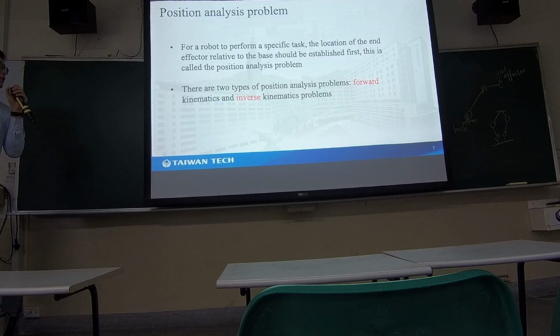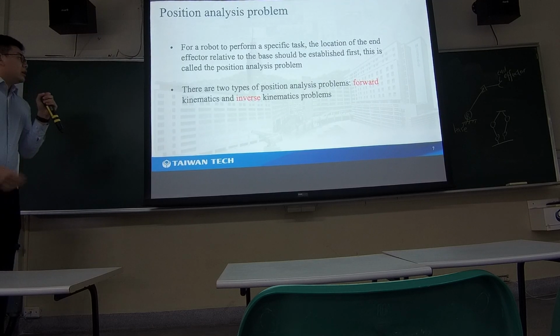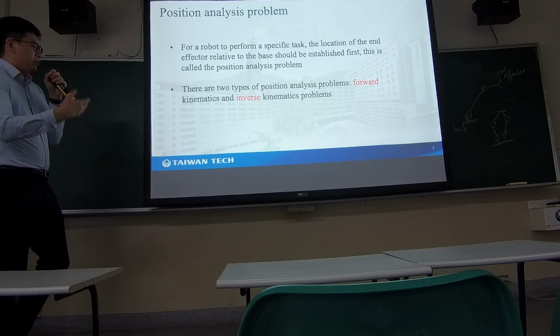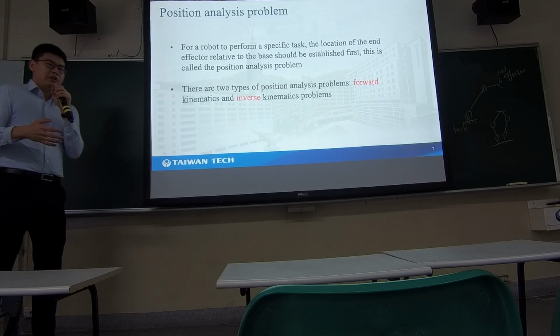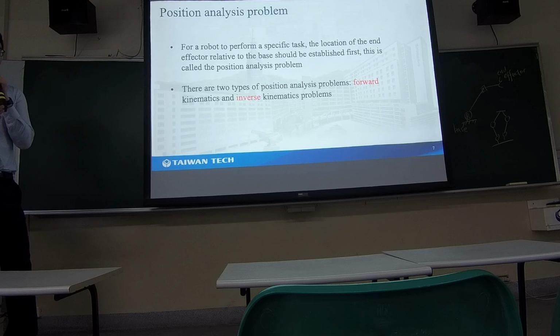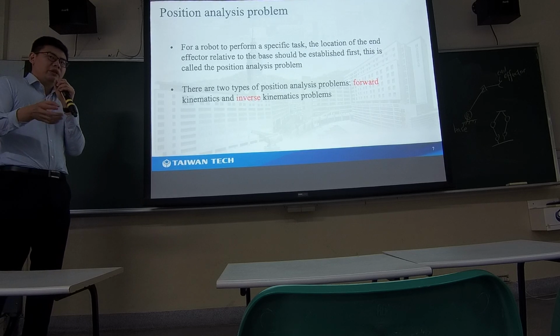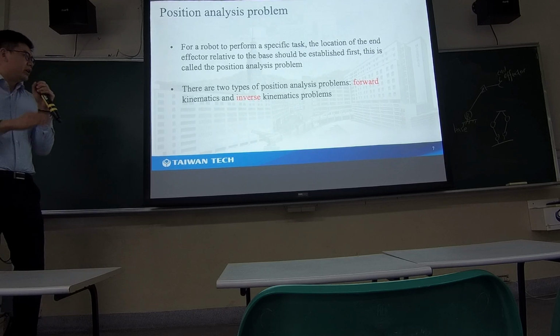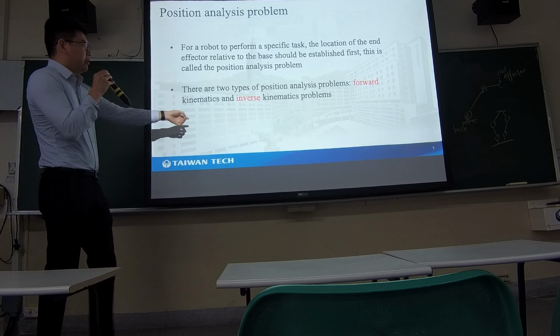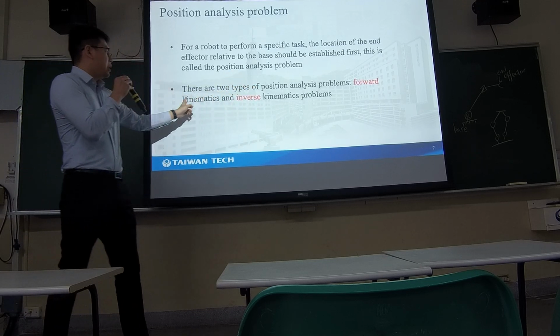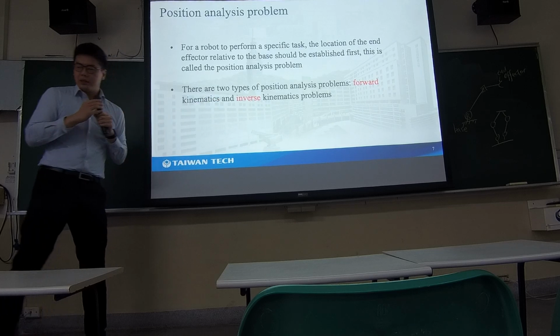For the position analysis problems, we want to know the position and the orientation of the end effector relative to the base frame. So there will be two kinds of problems. The first one is forward kinematics, and the second one is inverse kinematics.